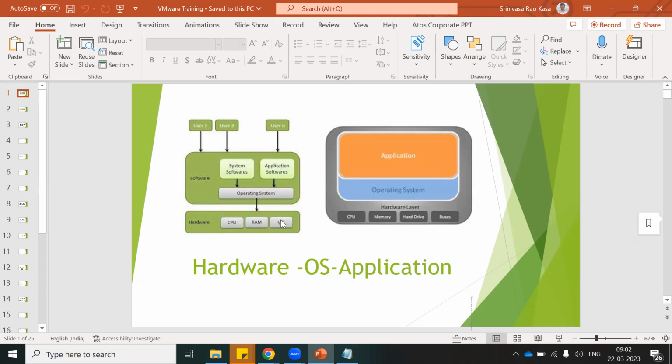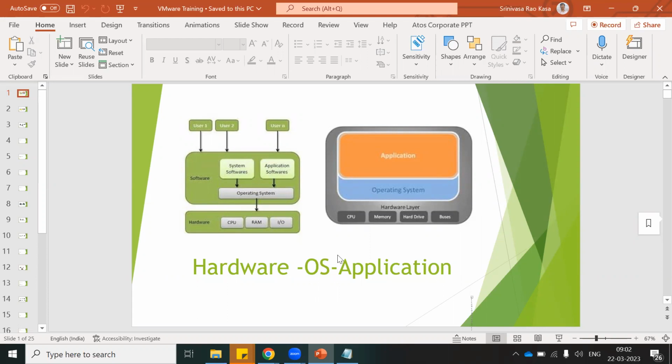On top of the hardware layer, we are going to talk about the operating system. How is the operating system coordinating with the hardware, and for what purpose? Why are we using an operating system? We use multiple applications on the operating system, through which users are able to access.